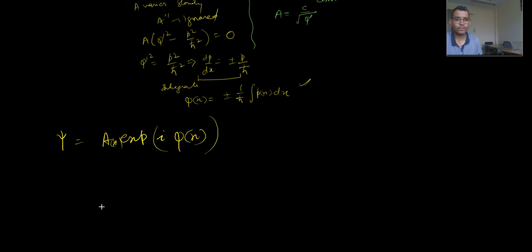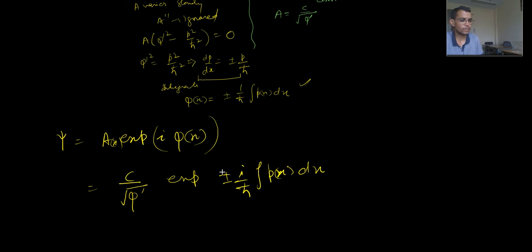So in place of a I can write c over the root of phi prime, exponential of plus minus iota over h cross, integral of p dx. So this is how this can be written like this.